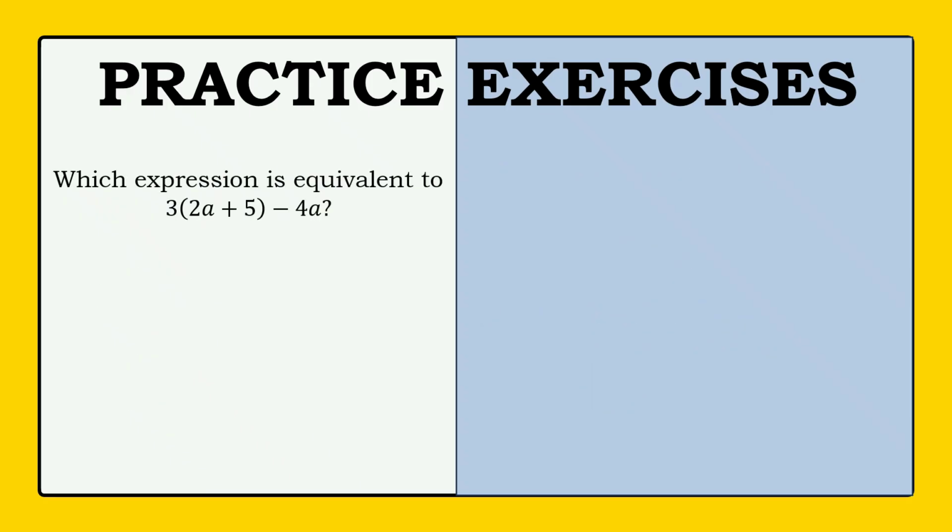Which expression is equivalent to 3 times the quantity of 2a plus 5 minus 4a? A: 6a plus 15 minus 4a, B: 2a plus 15, C: 6a plus 11, or D: 10a plus 15? What do you think the answer? Alright, let's find out.